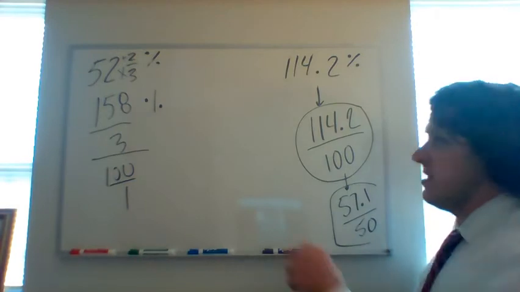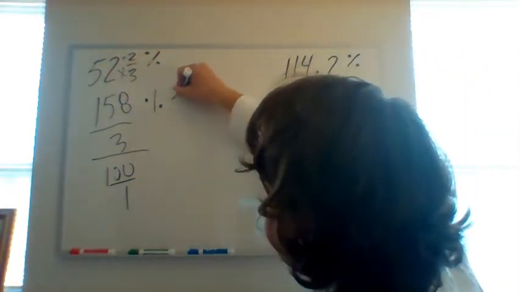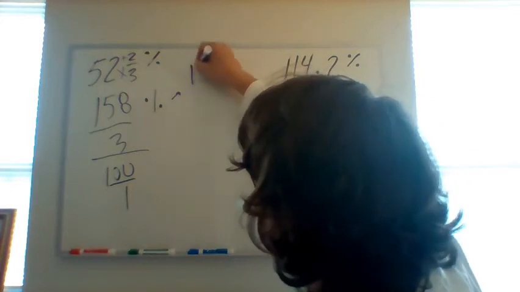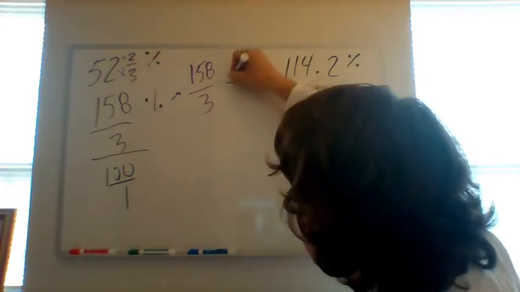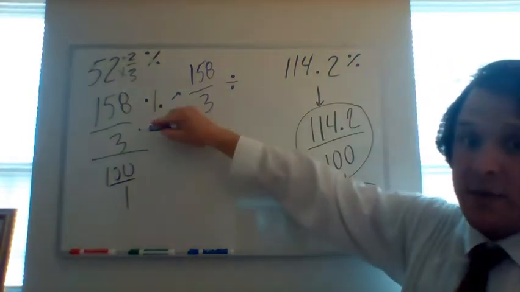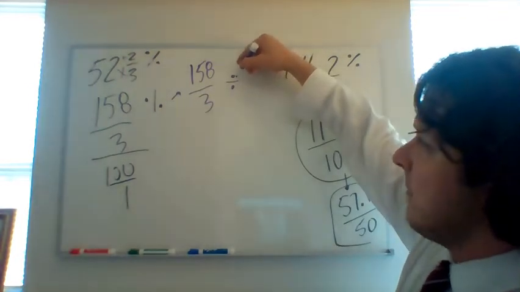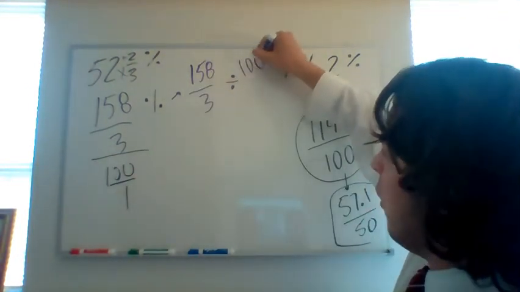How do we divide fractions, right? I think the first step that we talked about a couple weeks ago was to write it horizontally, right? We said 158 over 3 divided by, remember this, this fraction bar is division, so I'm going to put a division bar in there, and I'm going to put 100 over 1.